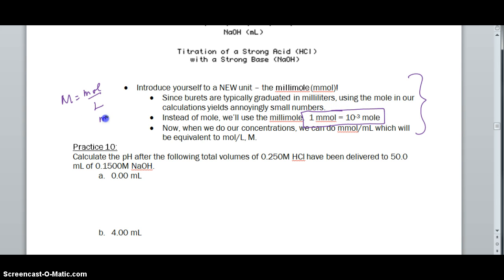And so if you take a millimole and divide it by a milliliter, you get molarity as well. And if you think about it, it's because milli and milli cancel, and you end up with moles per liter. Now, if you don't want to worry about working it out in this unit, that's fine, but I will work it out in millimoles because it just tends to make the math a little bit easier.